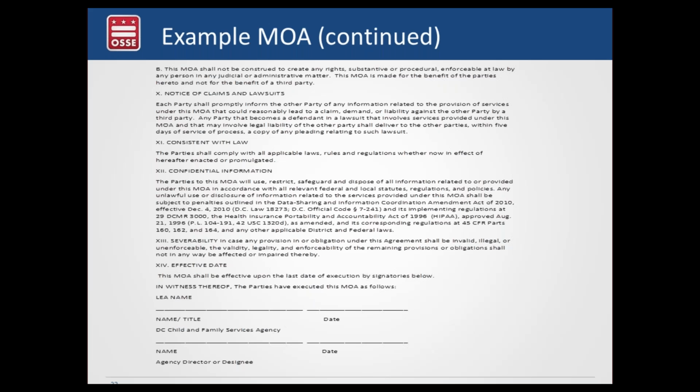So in that way, the agreement can be modified.